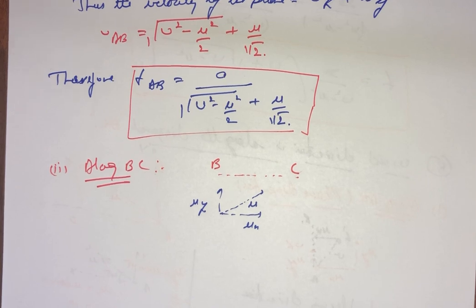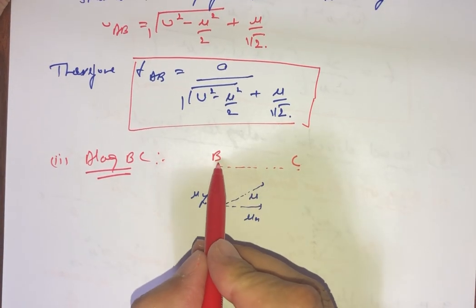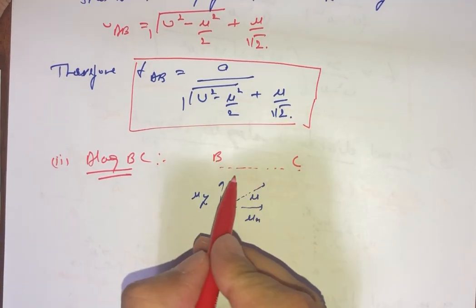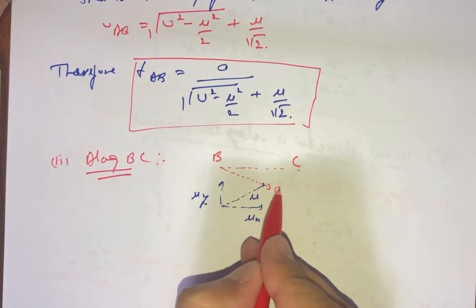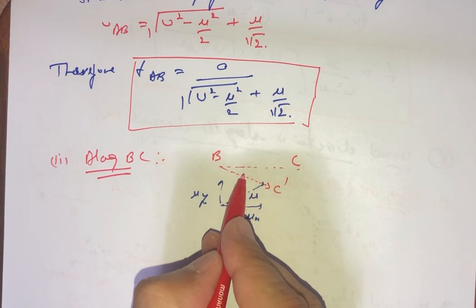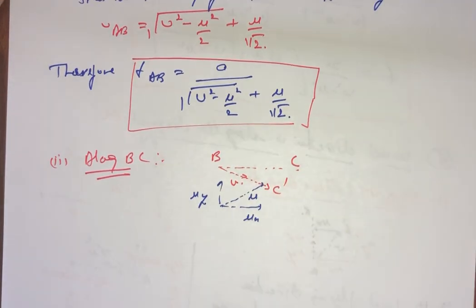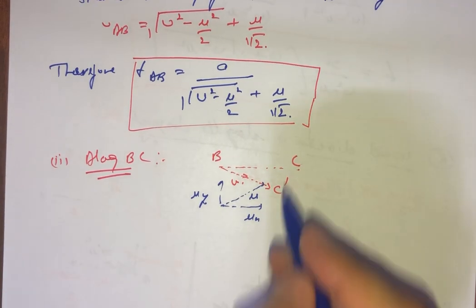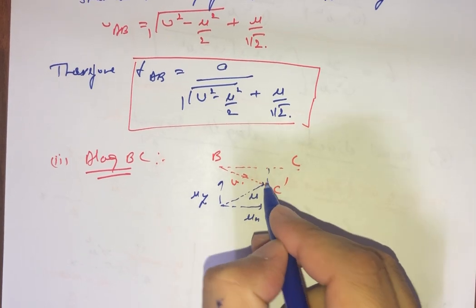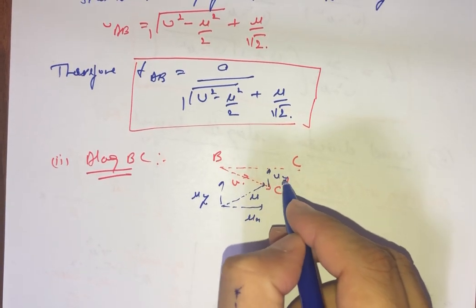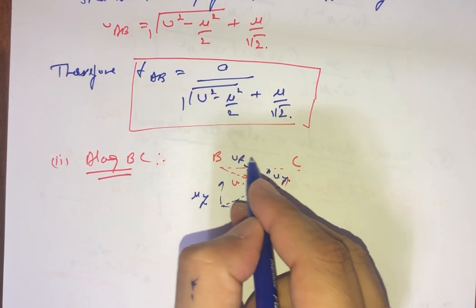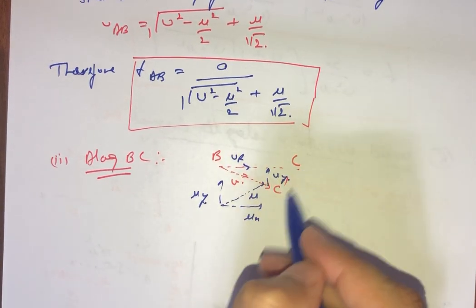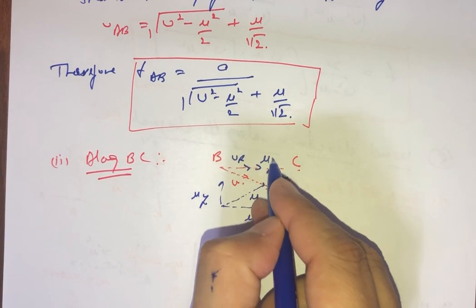So if you want the plane to be flying in the BC direction, the actual direction in which it should be flying will be given as BC prime. Okay, so this will be our V, and once again this will be our Uy. Let us call this VR, and Ux will also be in the same direction.